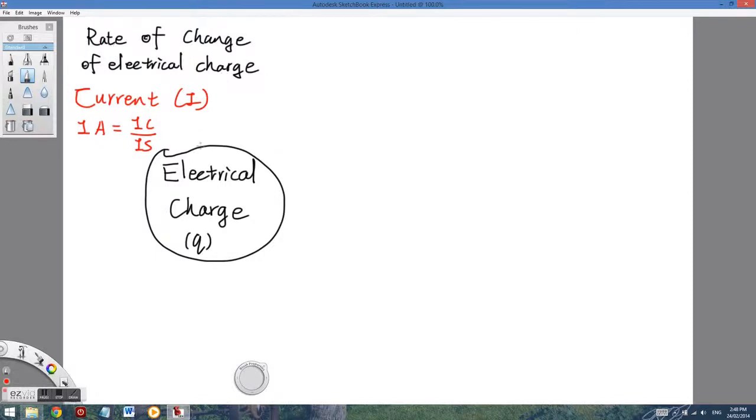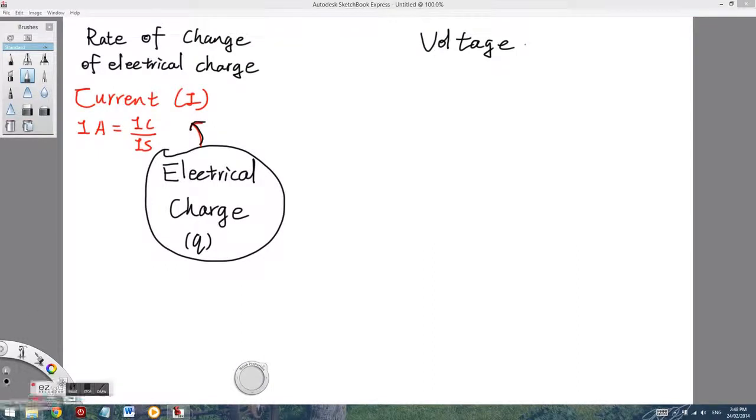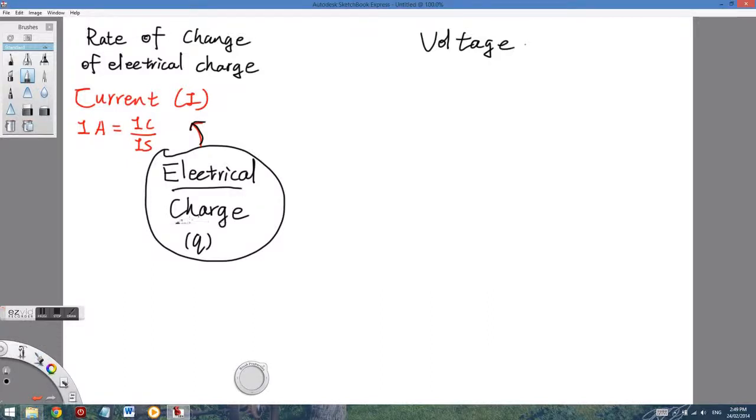Now, I'm going to introduce another concept called voltage. What does it mean? For voltage, let's imagine electrical charges as trucks.